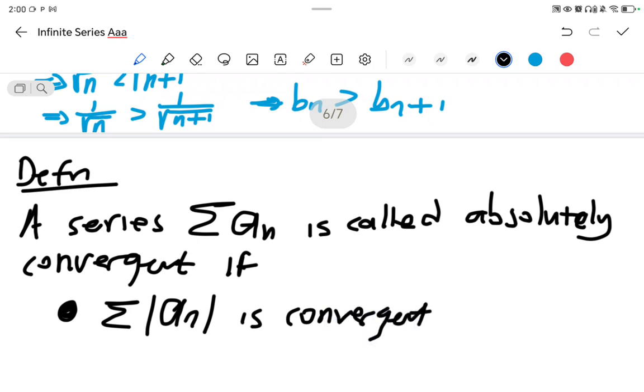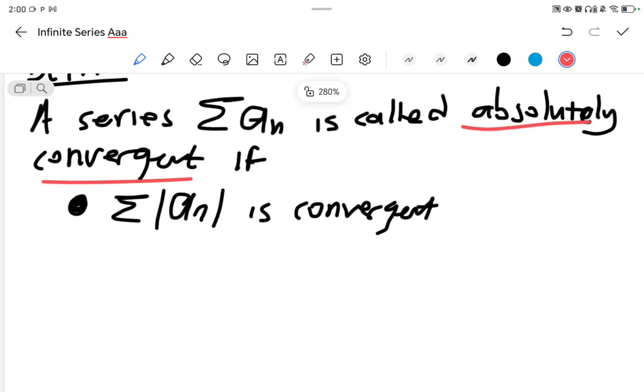You see, right? Now that one is called absolutely convergent. This one is simple. We've done it.